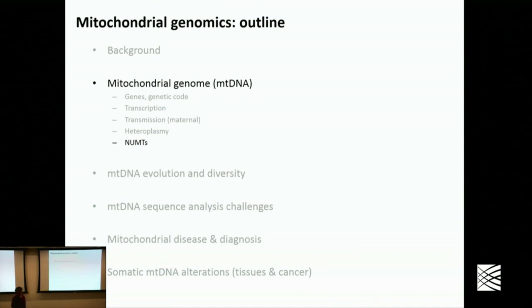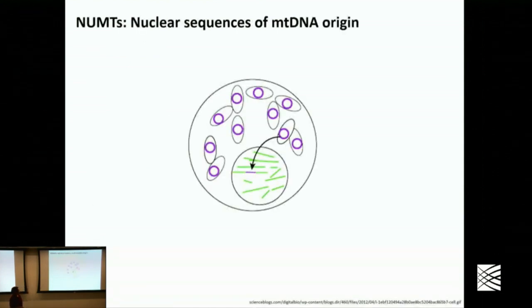Another slightly side point, but again practically important, is the concept of nuclear sequences of mitochondrial origin, called NUMTs or NUMPs. What happens in evolution, shown here in stylized mitochondria with their purple circular genomes, is that those genomes can get integrated into the nuclear DNA. This is happening all the time, both across evolutionary history and just within the population.